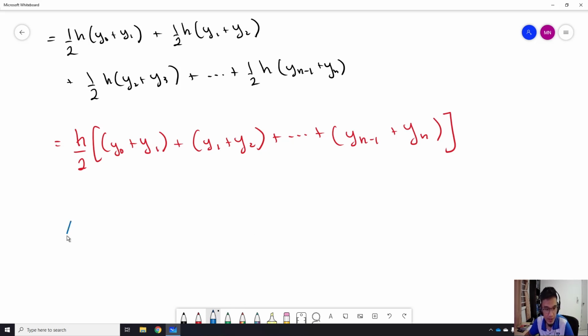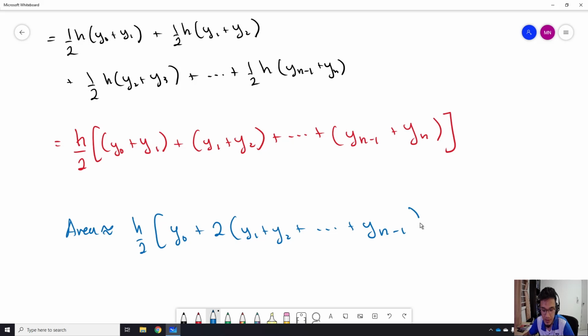So simplified, the area of the trapezia is equal to h over 2 of y naught plus 2 y1 plus y2 plus dot dot dot plus yn minus 1 plus yn, where h is equal to b minus a over n.